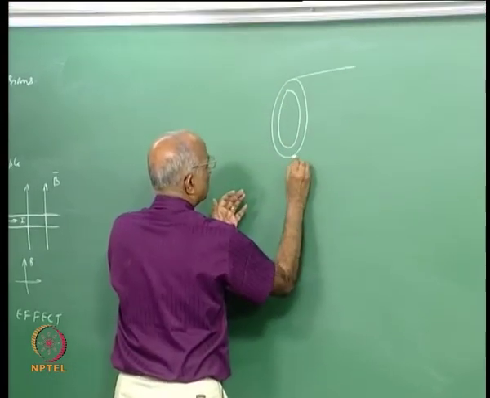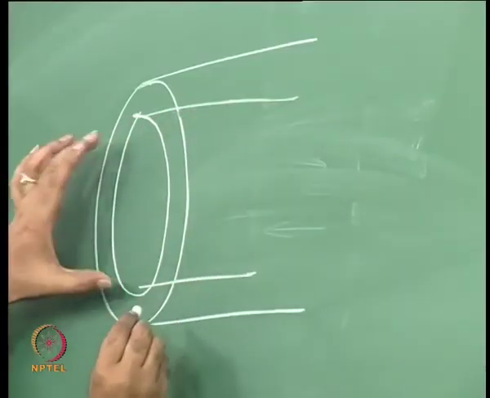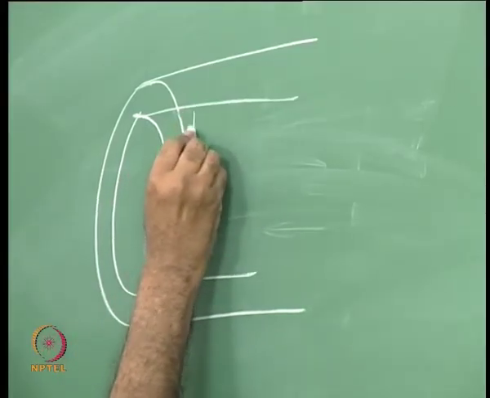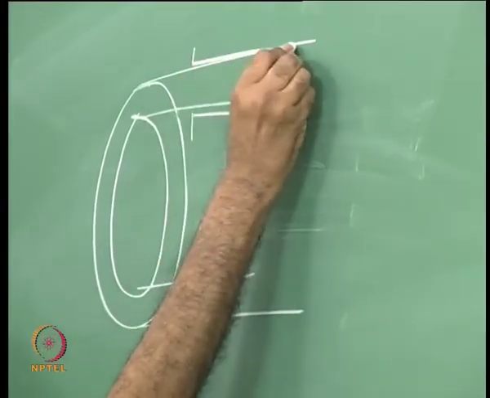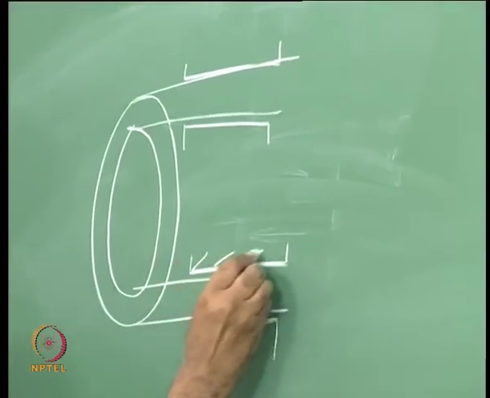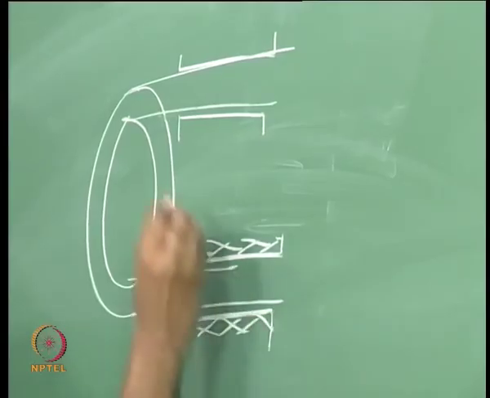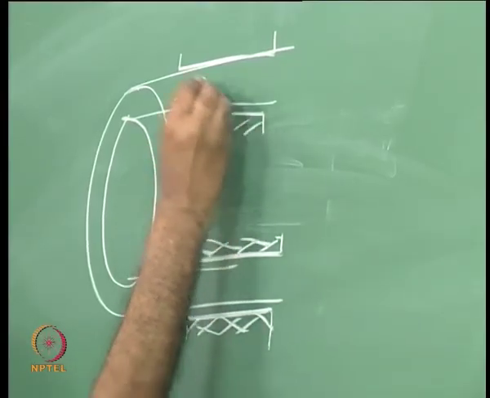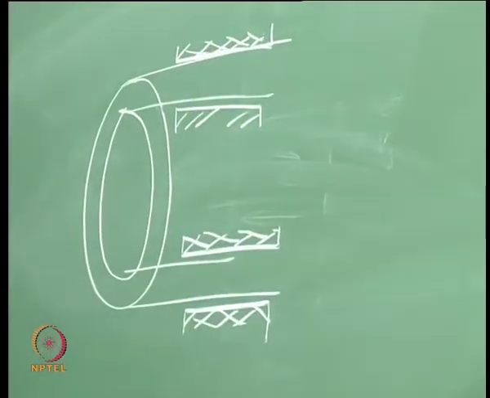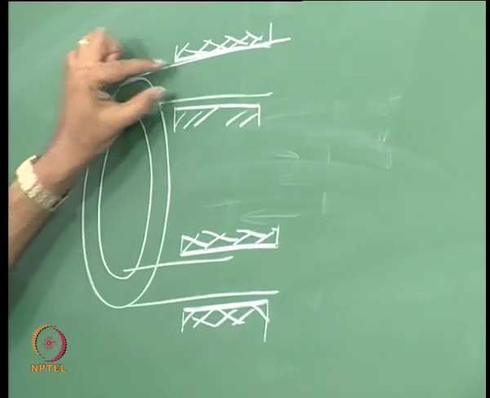I am talking of something like a cylinder over here, and an annular gap between the inner and outer, and supposing I were to put a magnetic field in this annulus, I just put a magnetic field, some Tesla in it, okay. That means in the annulus between the inner and outer I have a magnetic field.